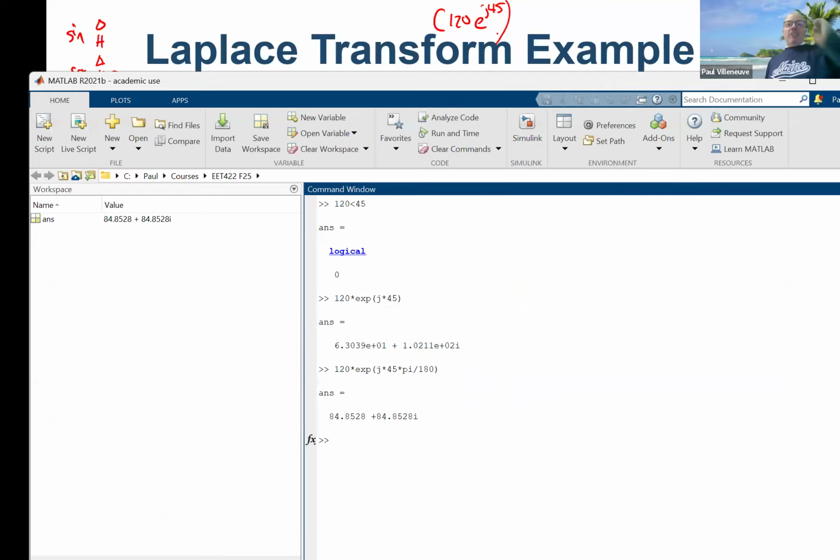So what I did in MATLAB, you can see the last one, I did 120 times E to the J 45, and then I converted it to radians because MATLAB doesn't work in degrees. So that's what I did there to get the answer. Your calculator should be able to do that. Maybe it's outsmarting you. I don't know why, but whenever you've been hitting the angle button, that's what you've been doing.